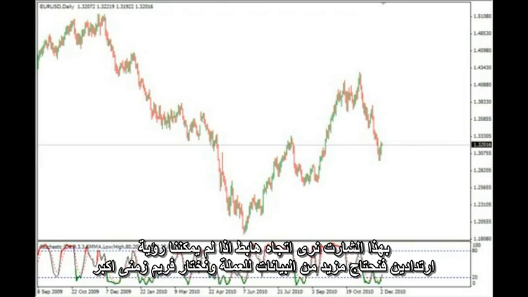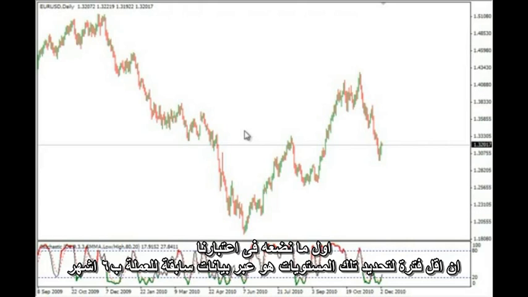If, for example, what we've got here on this chart is a down move, and if we can't really see a lot of touch points, then we would need more data, or we would need to go to the next degree time frame. So that's the first thing you need to bear in mind.